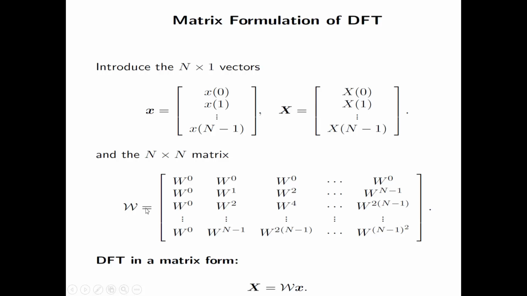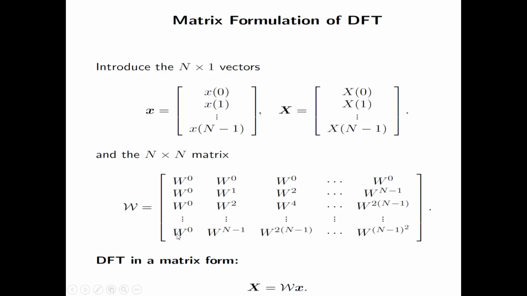And there is a matrix called the twiddle matrix, which is the DFT matrix. Basically it is an N cross N matrix of twiddle factor values. W to the power 0 fills the first row and the first column. In the second row, the powers go 0, 1, 2, up to capital N minus 1. The third row will be 0, 2, 4, and so on.